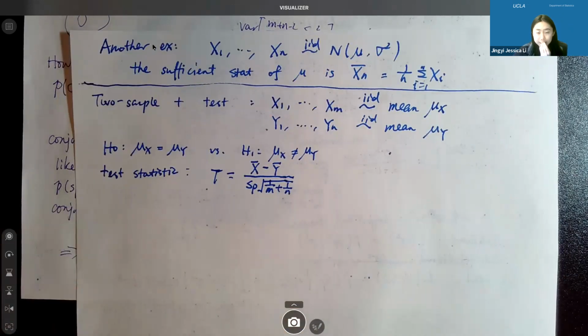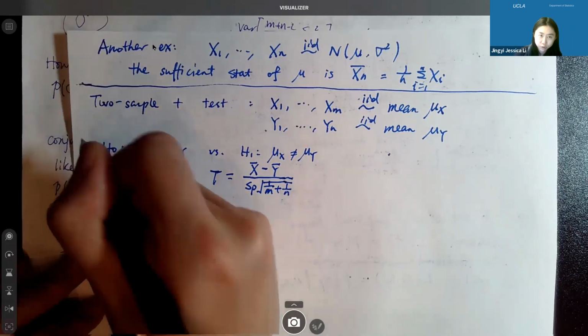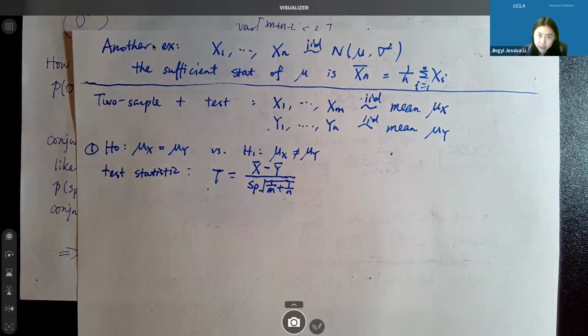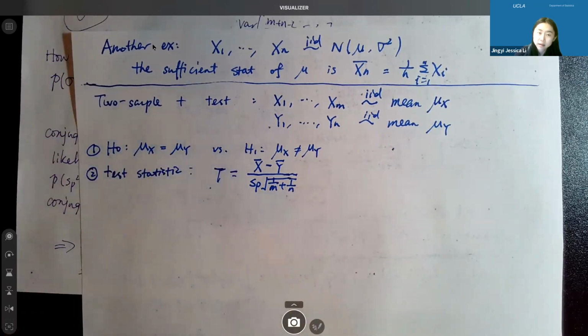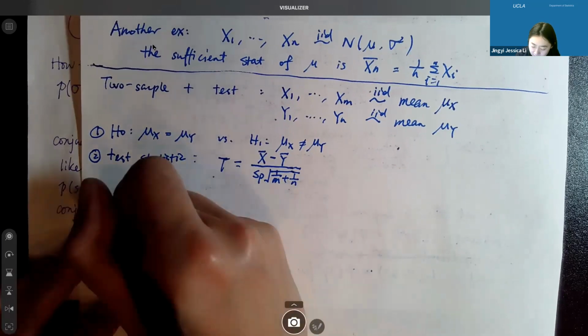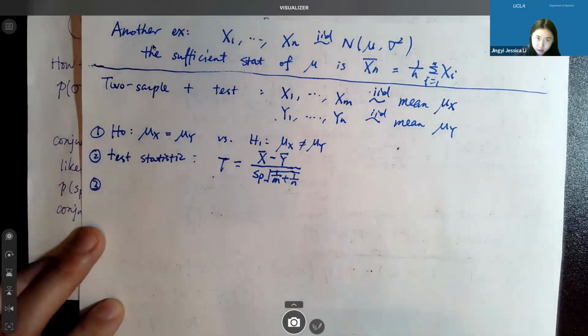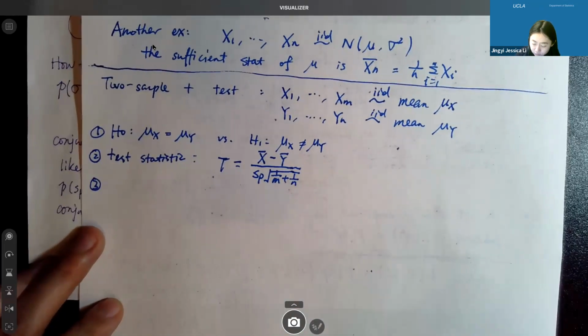That's the t-statistic. So the components we need for hypothesis testing, let me quickly summarize. The first is the two hypotheses, null and alternative. Second, we need a test statistic. And the third component we need is the distribution of the test statistic under the null.